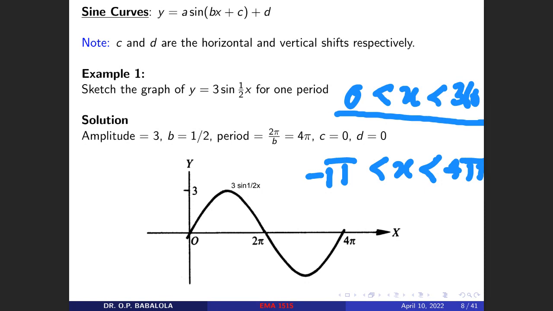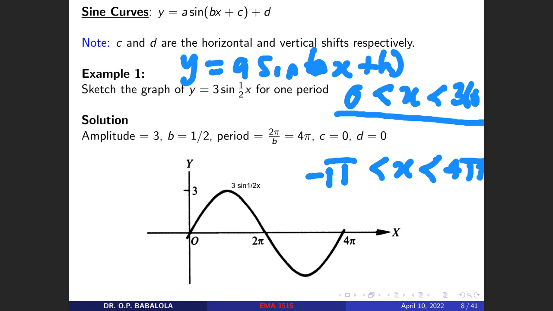So our amplitude here is 3, like we know. And B, recall this equation: y equals amplitude sine bx, then we can add a horizontal shift and then a vertical shift.